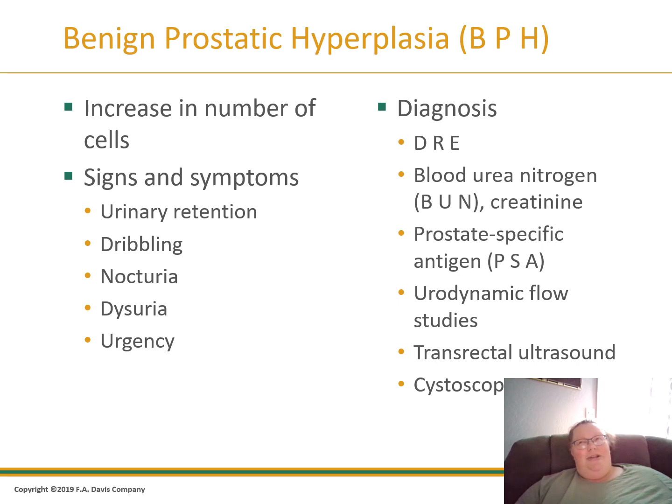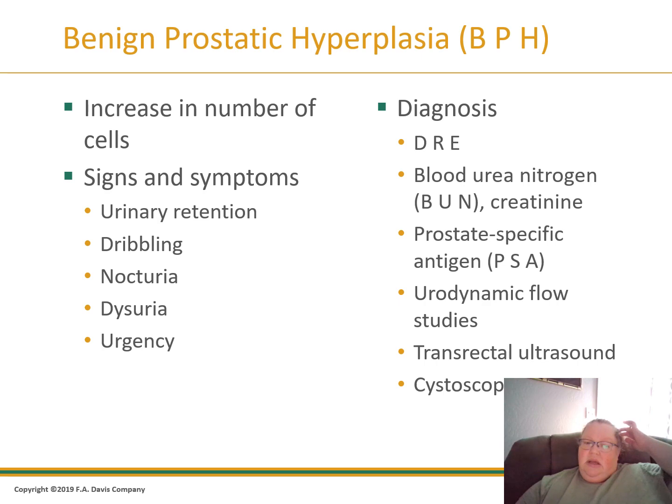Dribbling, as in urine coming out of the penis dribbles. It doesn't have a forceful flow or any strength behind the flow. Nocturia means frequent urination during the nighttime. Dysuria is painful urination, and of course, urgency.